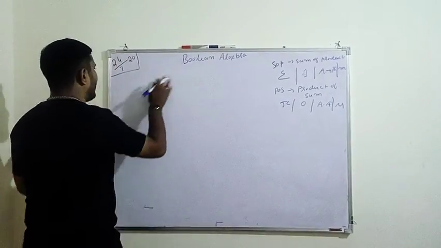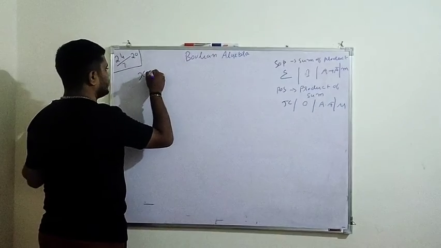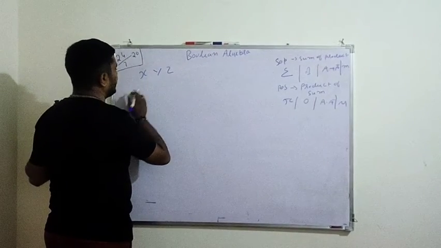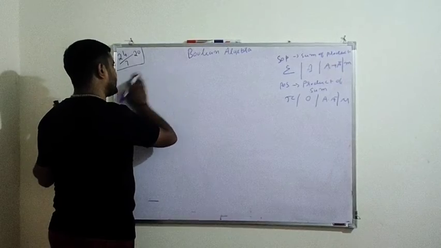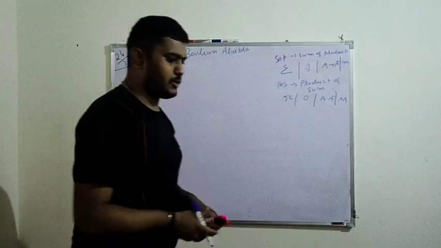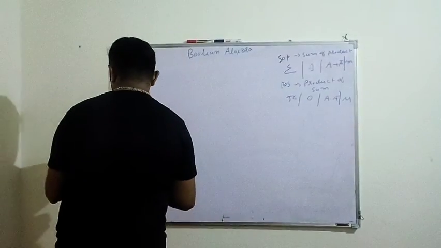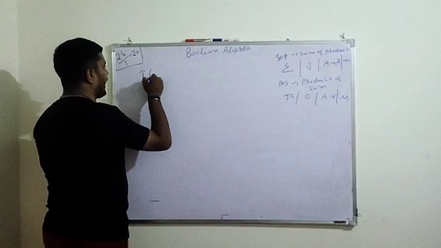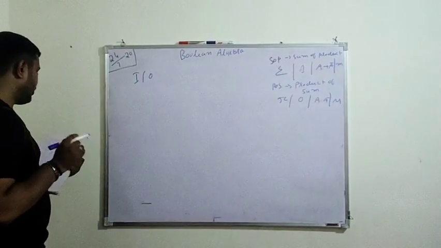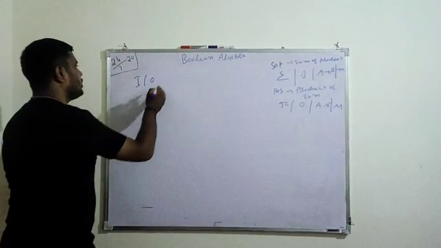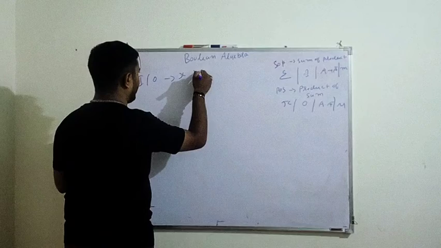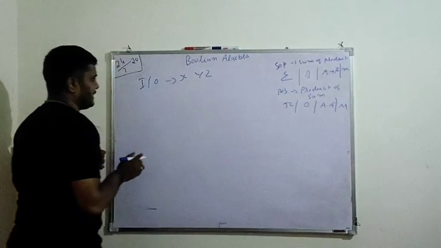I select x, y and z. Before that I am going to explain the concept properly in a variable format: the relationship between input and output when three values x, y and z are there.